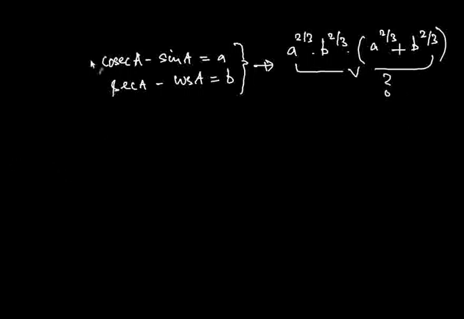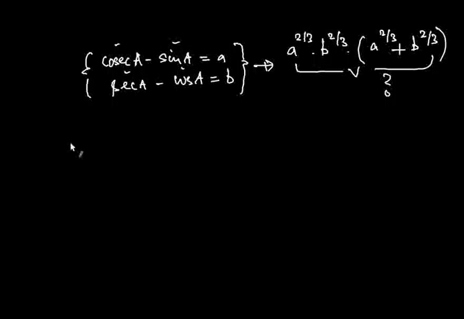Now, the start point obviously has to be these two equations that we've been given. And again, I've said this before, my first instinct is to reduce the number of trig ratios that are there in these equations. So right now we have 4 different trig ratios. We got a cosecant, and we got a sine, and we got a secant and a cos.